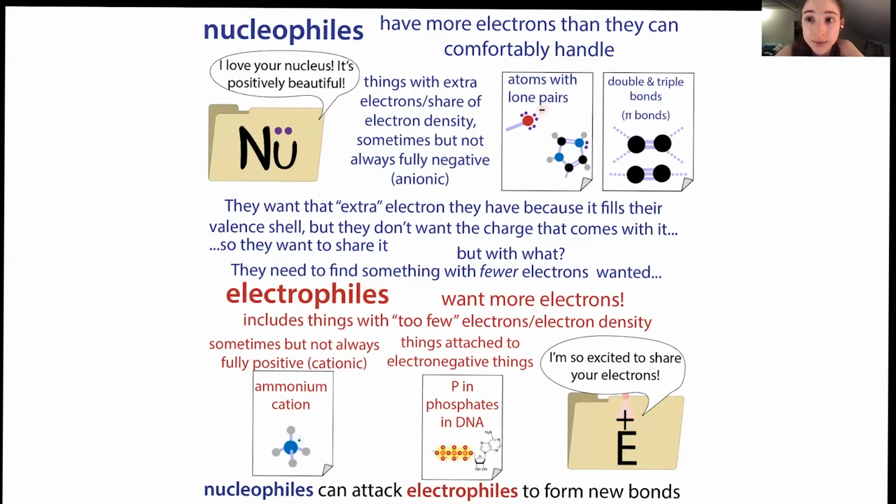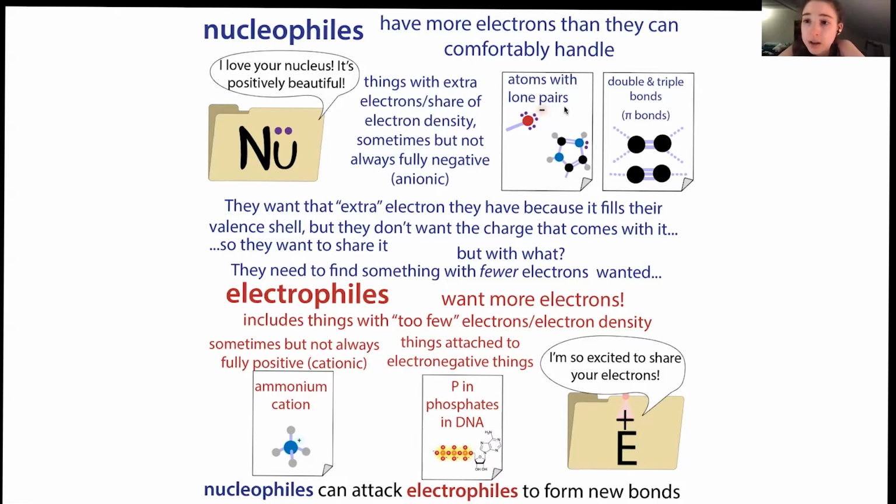We call these nucleophilic because they're looking for some positivity, and positivity is found in the nucleus. A great example that you see a lot of a nucleophile in biochemistry is this O-. If you look back at the DNA leg, you can see that you have that OH group, and if it deprotonates, so it loses that hydrogen, then you have an O-, and it can act as a really good nucleophile.